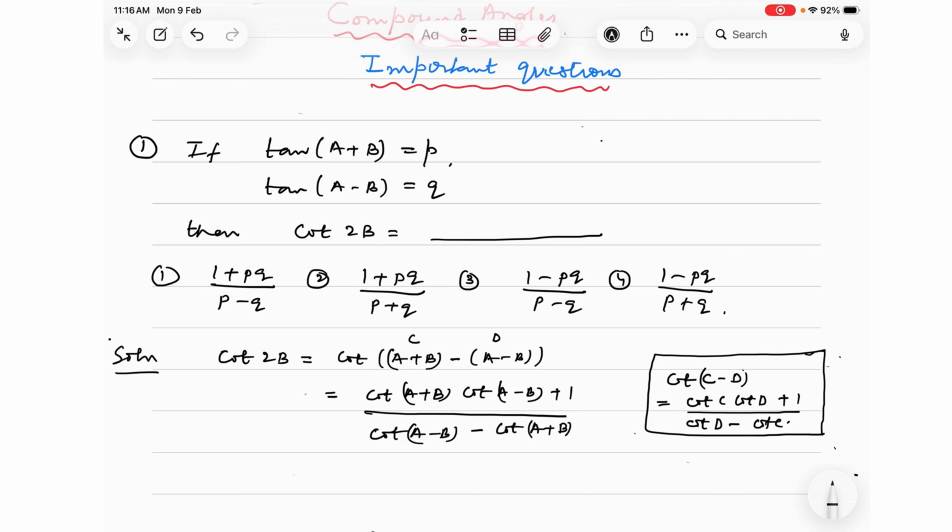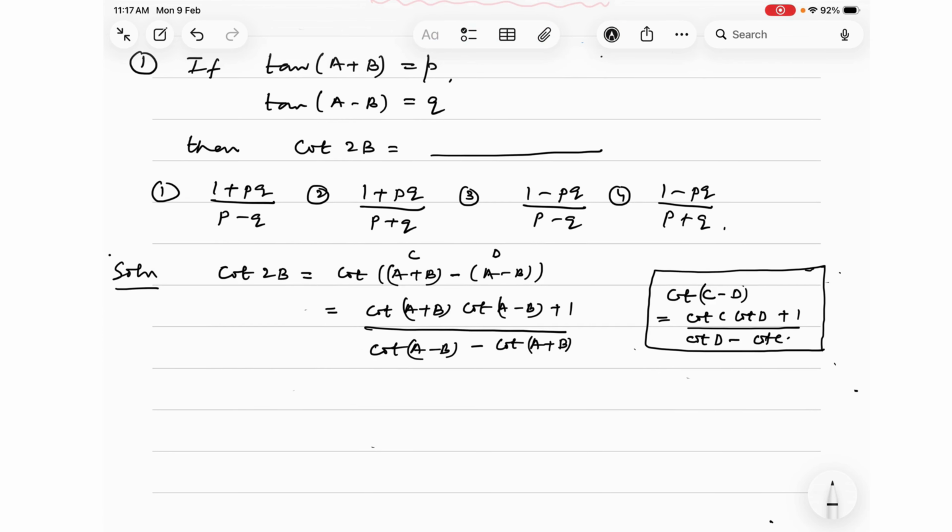So therefore, cot(A+B) becomes 1/P, because tan(A+B) is P. Similarly, cot(A−B) will be 1/Q. Substitute the values, we get (1/P × 1/Q + 1)/(1/Q − 1/P).